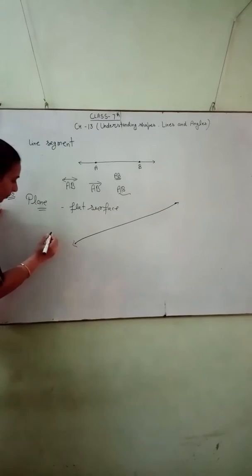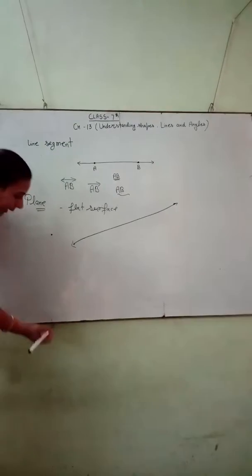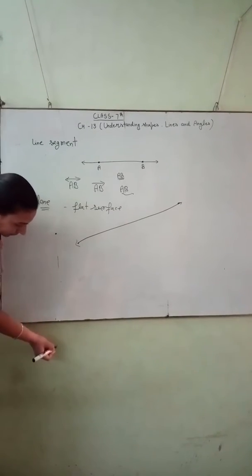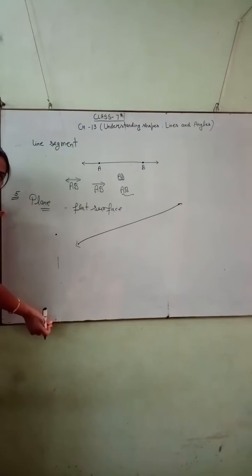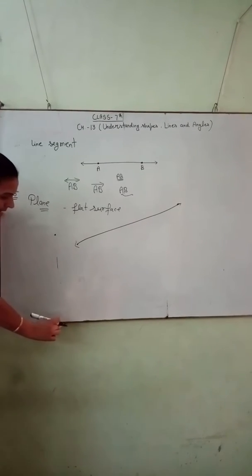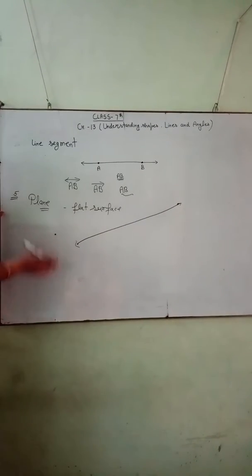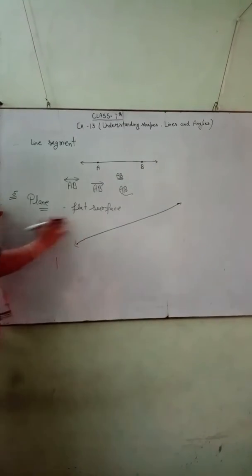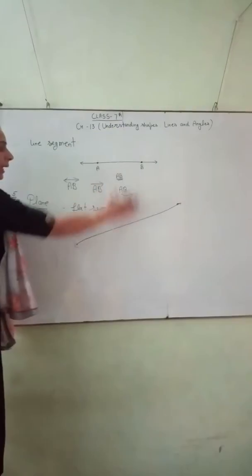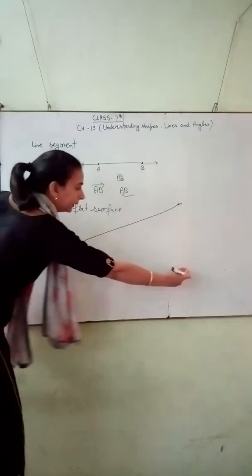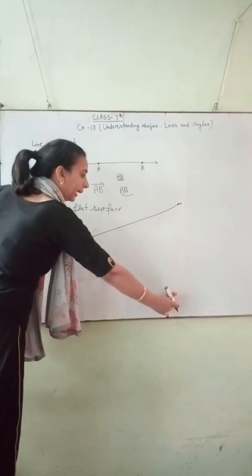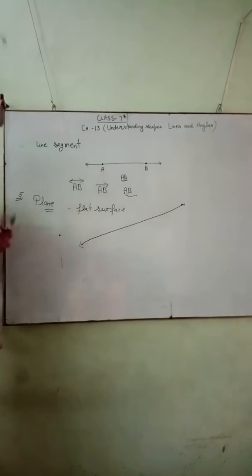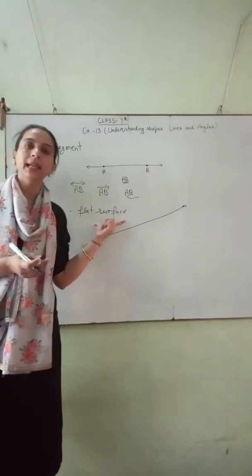Again, if we take a point here and next a point here, and join them, and there is a moving surface of this line, then this is not a straight line. If it is not a straight line, then this is not a plane. Here, a flat surface is known as a plane. A plane has a length, a plane has a breadth, but a plane has no thickness. Clear, student?